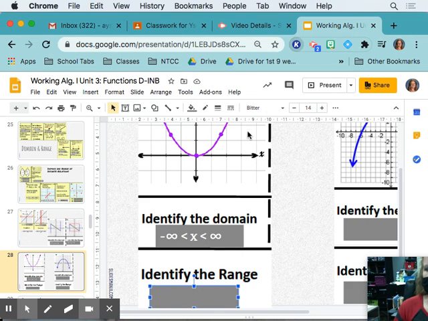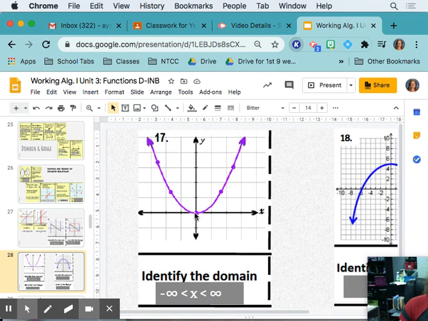And now, are y'all ready for range? Okay, range is our y value. So put your mouse on the y-axis. Go to the origin. How far down does the line go? 0. Okay, how far up does it go? Infinity. So how can we say that the y values are at 0 or more?